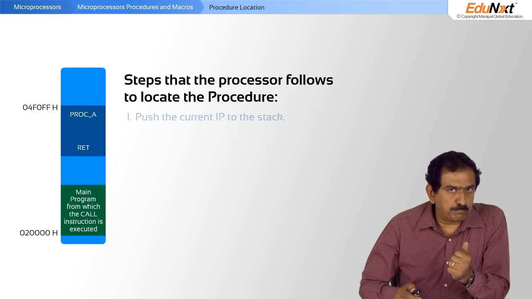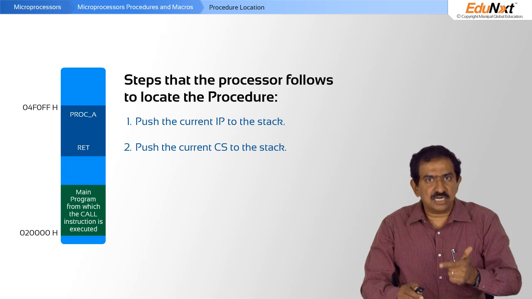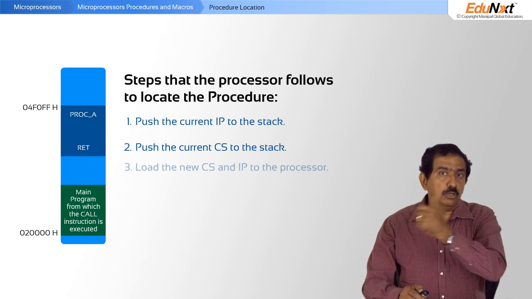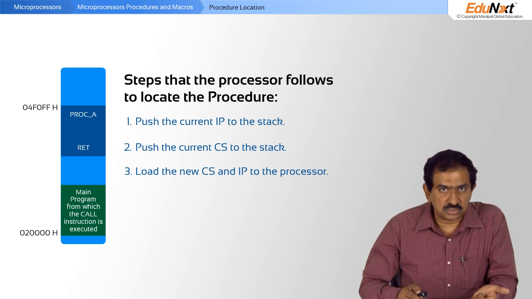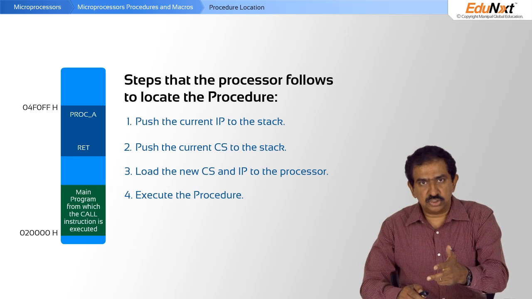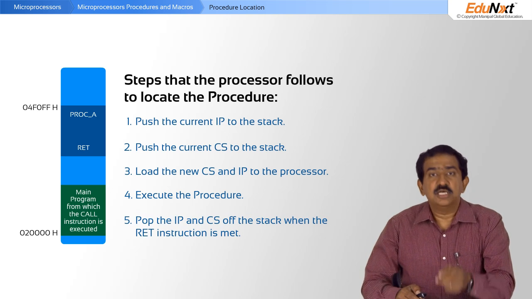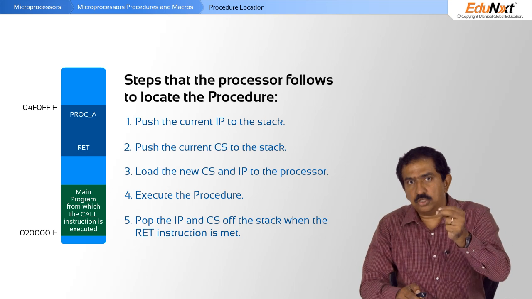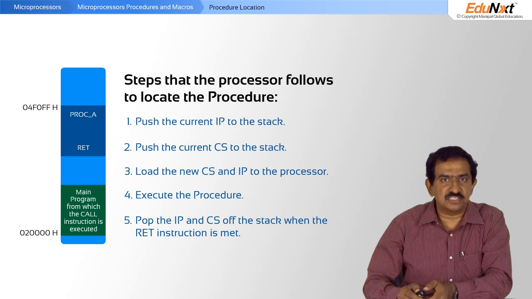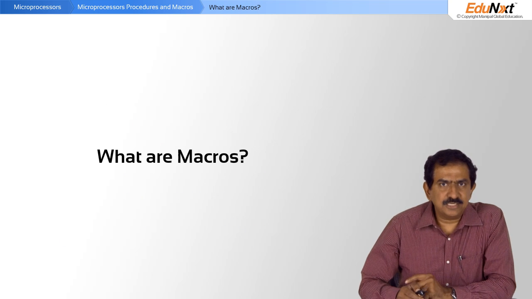So in this case, you push the current instruction pointer, you push the current code segment, then you load the new code segment and the new instruction pointer onto the processor, execute the procedure, and then when the return instruction is encountered, the old instruction pointer and the old code segment are popped off the stack and life goes on. Let's now talk about macros.